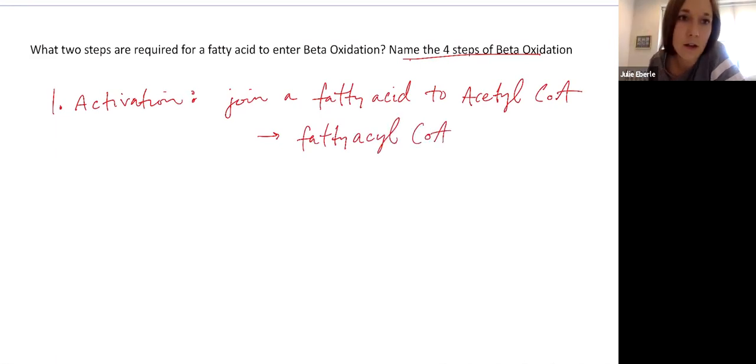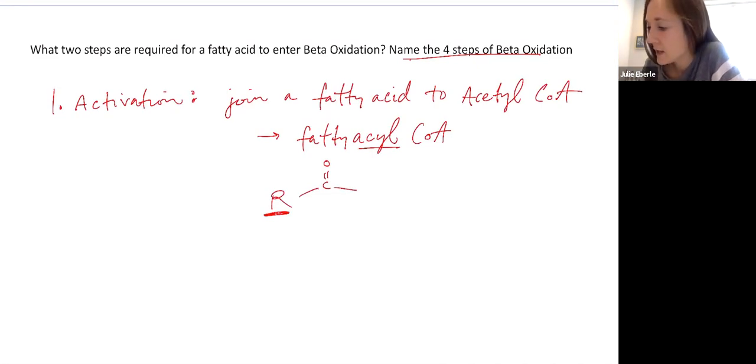Could y'all draw that, if I ask you to? Acyl is what? It's a carbonyl with some kind of R group. This is the long hydrocarbon chain of the fatty acid, and it is connected to acetyl-CoA through a sulfur. This requires 2 ATP.